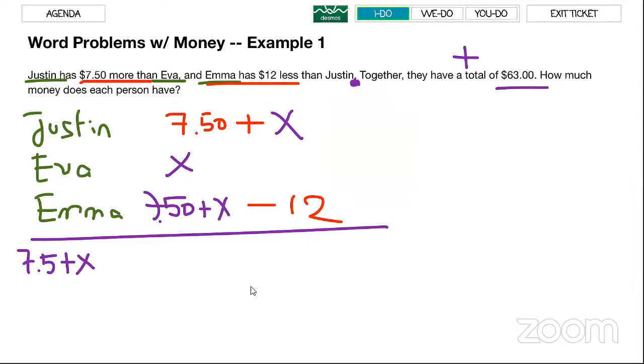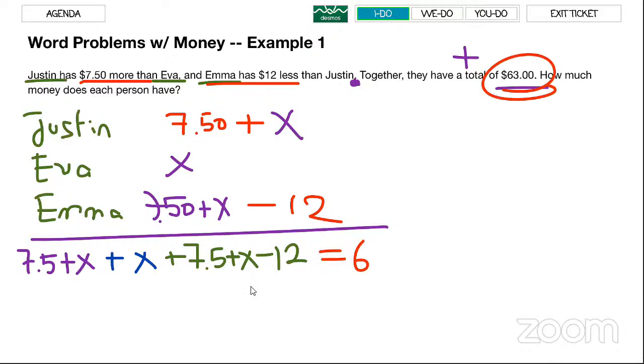Eva has X. And the last thing, Emma has, it's very long, so you need to list all of it without missing anything: 7.5 plus X and subtract 12. And everything is equal to 63, because the total says 63.